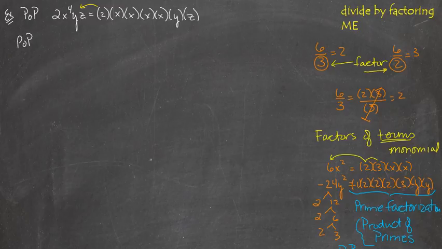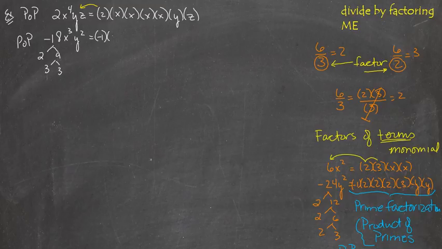So let's pop negative 18x cubed y squared. Okay, well, negative means I have to have a negative 1. 18, written as a product of primes, okay, let's say I'm not really sure. I'm kind of sure, but let's say I'm not. 18 divided by 2, the smallest prime, leaves 9, and 9 is 3 times 3.